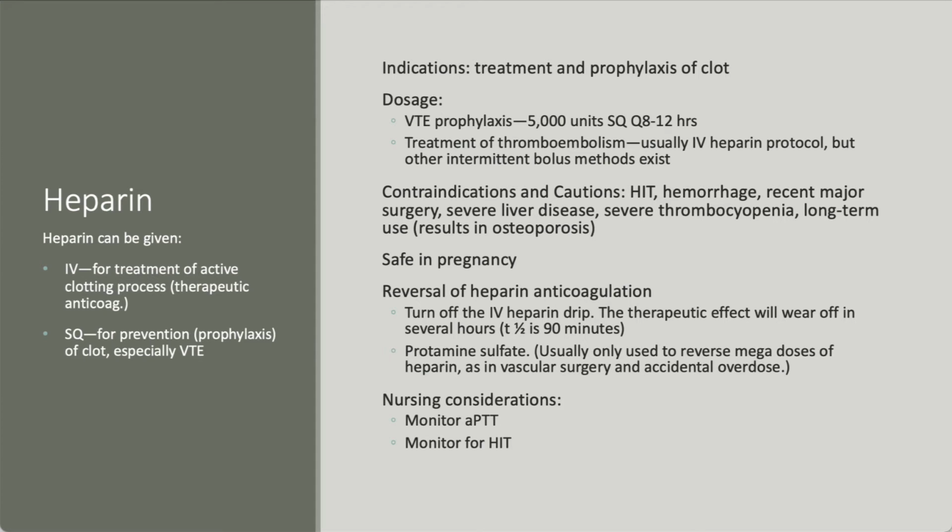So for the treatment of active thromboembolism, right, like a DVT or a pulmonary embolus, we use an IV heparin protocol. We give it a higher dose. We really affect that clotting cascade heavily so that patients will be able to dissolve that blood clot on their own. So the cautions and contraindications are heparin-induced thrombocytopenia, hemorrhage, of course.